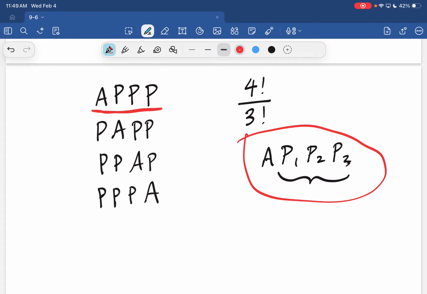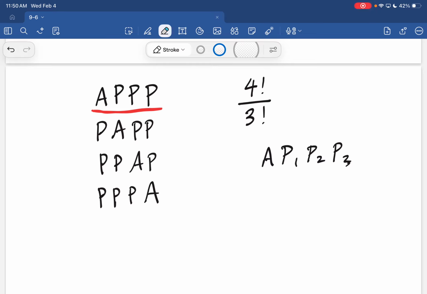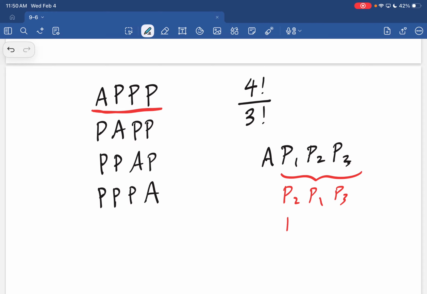There are 6, right? There are 3 factorial. But since the P's are the same, this is just one. So that's why we have to divide by 3 factorial. Within this ordering, it could have been P2, P1, P3, or P3, P2, P1, etc. There are 6 versions of those that we're overcounting by, so we are overcounting by a factor of 3 factorial.